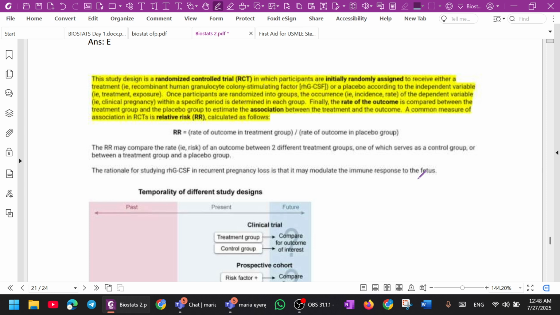The RR may compare the risk of outcome between two different treatment groups, one of which serves as the control group, or between a treatment group and a placebo group. The rationale for studying recombinant human granulocyte colony stimulating factor in recurrent pregnancy loss is that it may modulate the immune system response to the fetus.